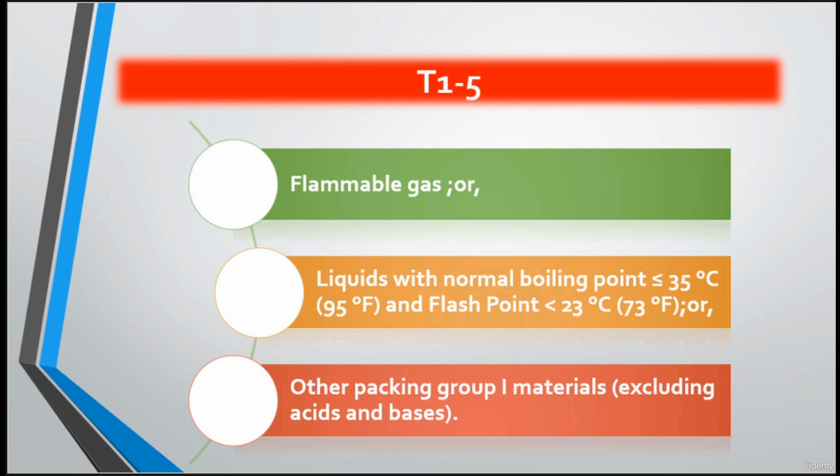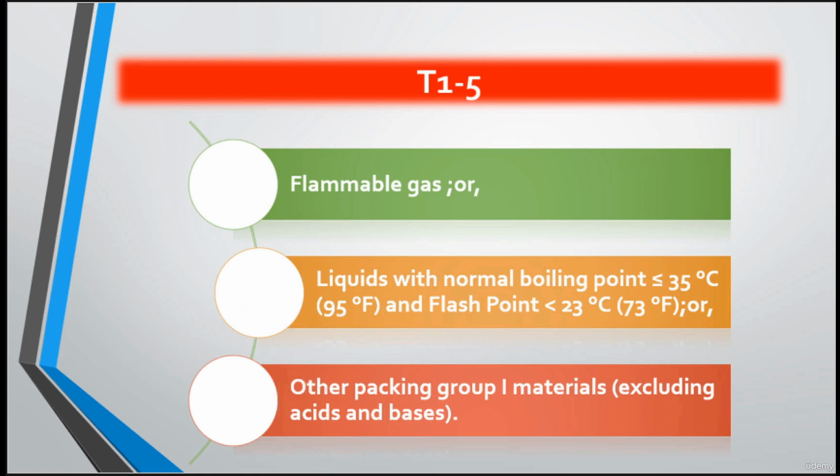In other words, this is where the first gas bubble appears from a liquid. So when we say liquids with normal boiling points below or equal to 35 degrees centigrade, at this temperature or below, the liquid will give the first bubble of gas. And of course you know the definition of flash point from our previous study in the OSHA PSM standard.